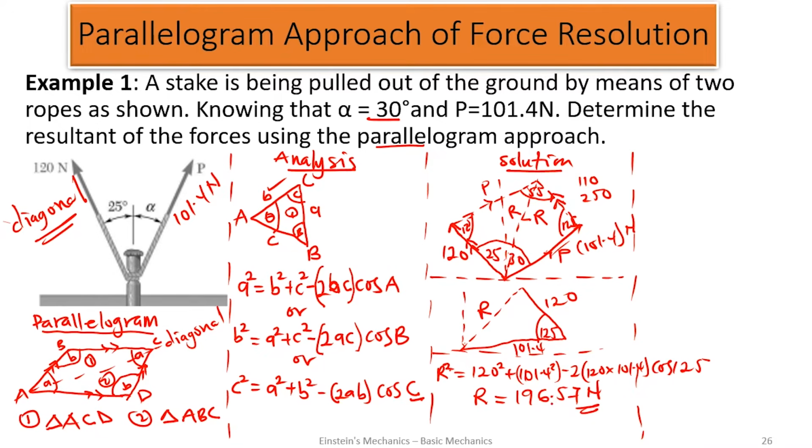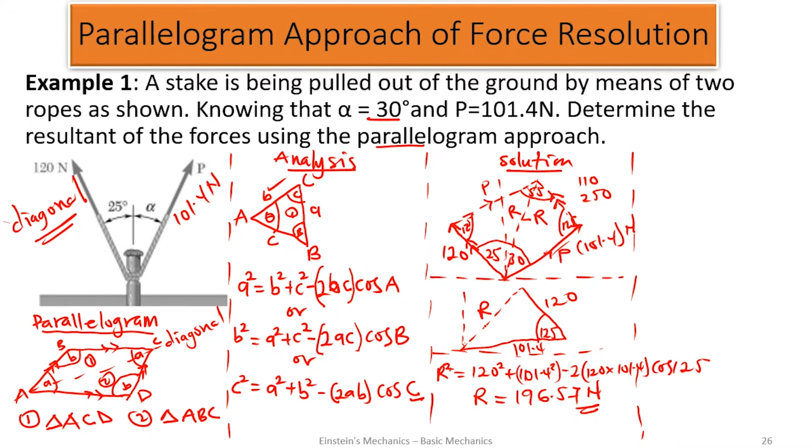Now I know the magnitude of the resultant to be 196.57 newtons. Then what angle does it make with the x-axis? If I want to get the angle, what do I do? I can find the angle the resultant makes with this force.